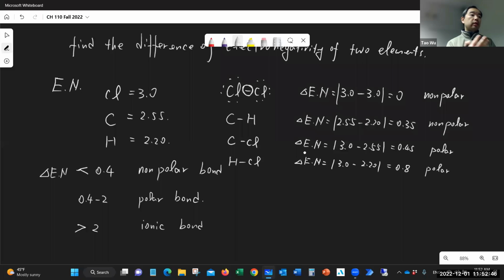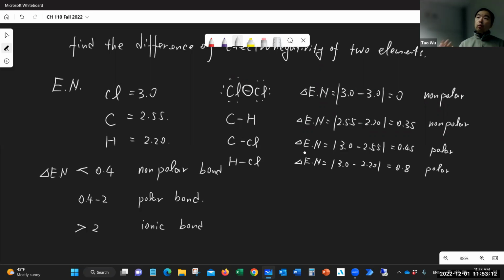So this is, numerically, how to figure out whether a bond is polar or nonpolar. But the reason I'm going through this very quickly is because this is not useful for our exam, because they're not going to give you the numbers of the electronegativity. How do you figure out whether this is polar or nonpolar?